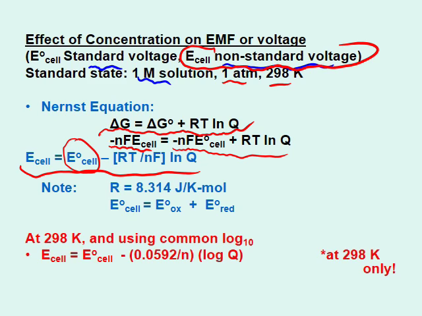And again, as I mentioned before, in order to know that, you have to balance the 2 half reactions. And log of Q, and we already know how to get the Q value.